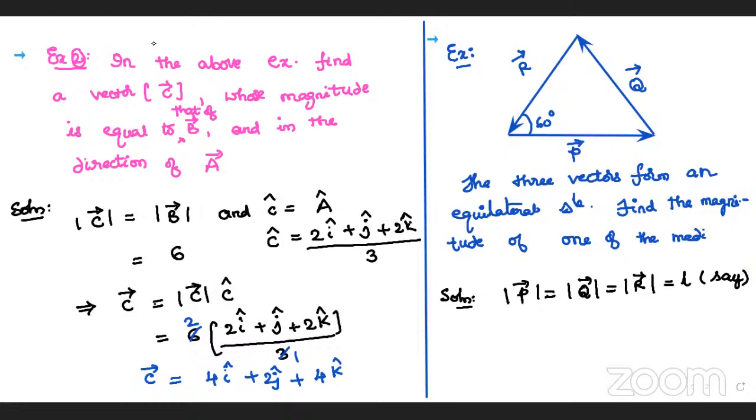One of the medians means any one median you take. Observe that this will be one of the medians, joining the vertex and the midpoint of one of the sides. This is a median.